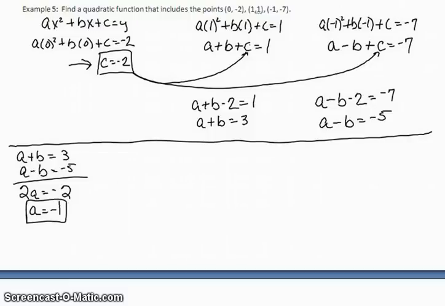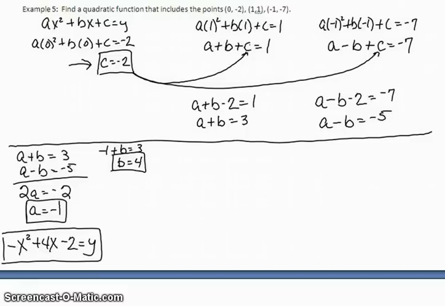If I pick either one of these equations and substitute negative 1, I'll have negative 1 plus b equals 3, b equals 4. So the general equation, and this was using elimination, negative x squared plus 4x minus 2 equals y. Now that was elimination. I'm going to draw a line down my board.